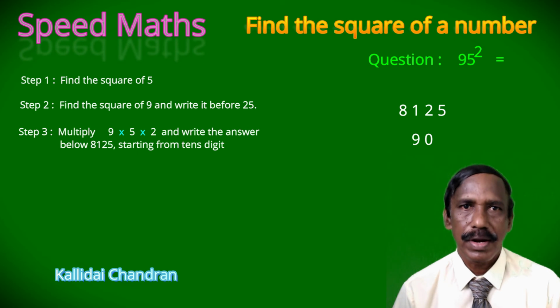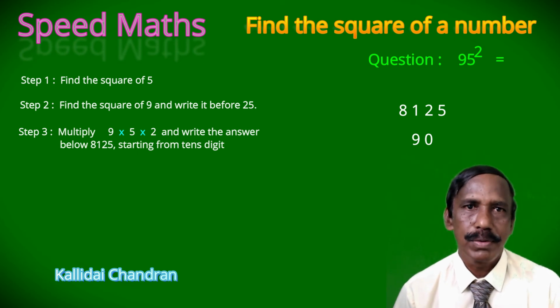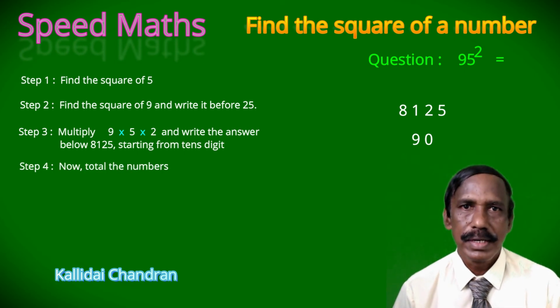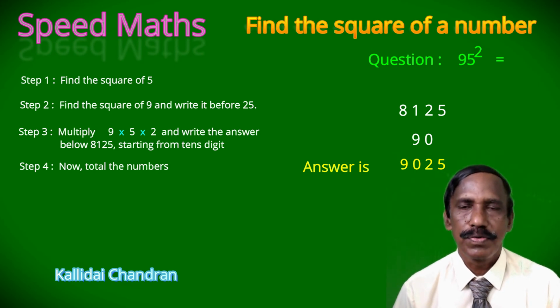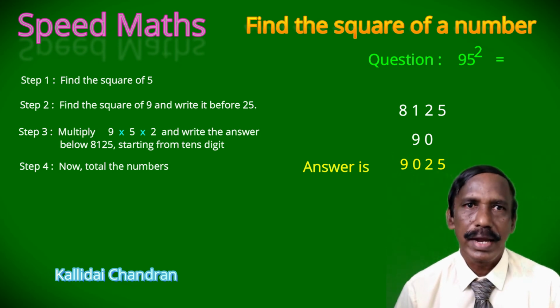So you have to write 90 below 8125, starting from the tens digit. So 90 will appear just below 12 in 8125. Now we have to add 8125 with 90 and the result is 5, 2, 9 plus 1, then 1 carry over 1, 1 plus 8, 9. So the answer is 9025.